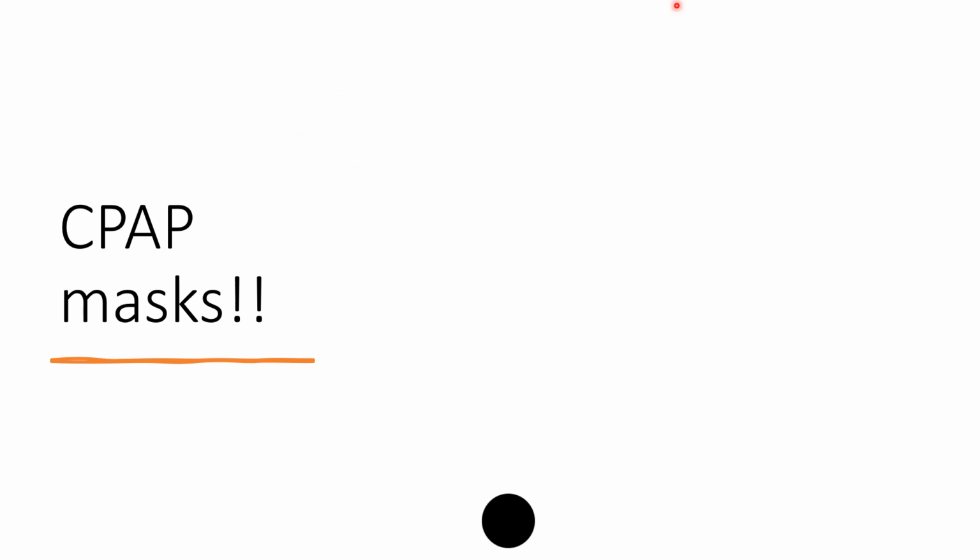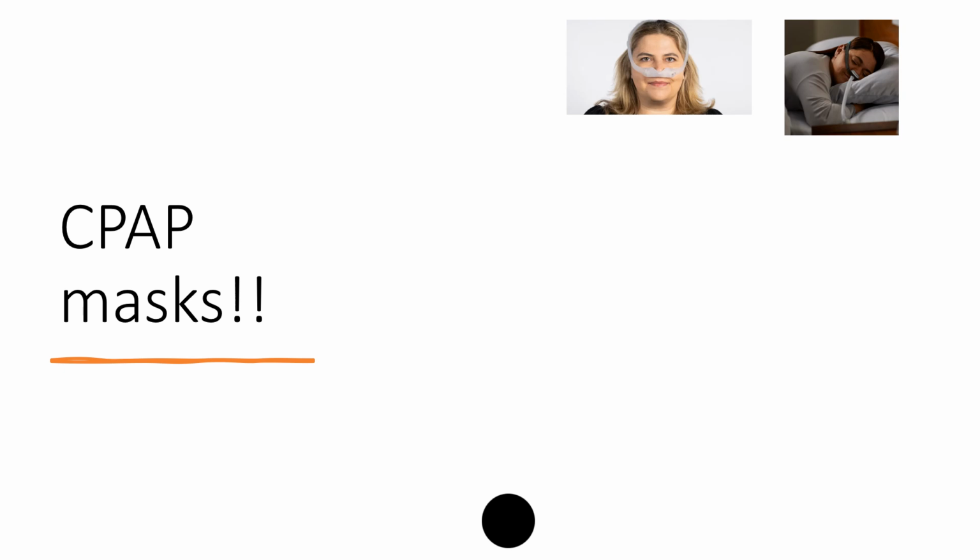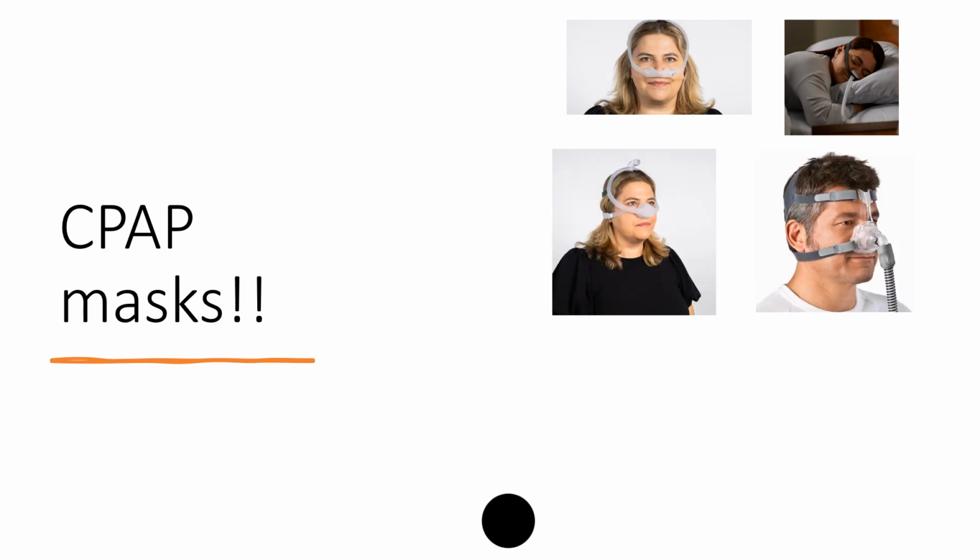Essentially, masks come in a couple of different types. You saw in the picture before something called a nasal mask. And these are what we call nasal cushions, or we have nasal pillows, and they just sit under the nose or just perhaps into the nose. Or we have a more standard nasal mask that sits around the nose.